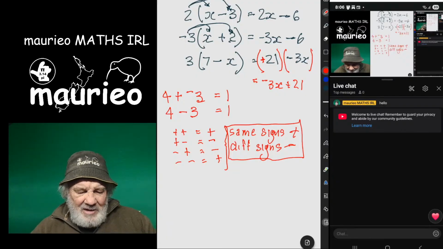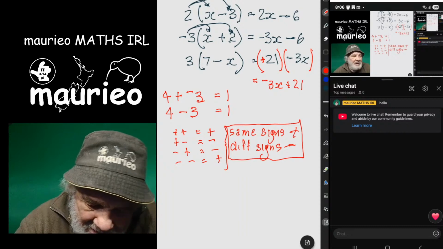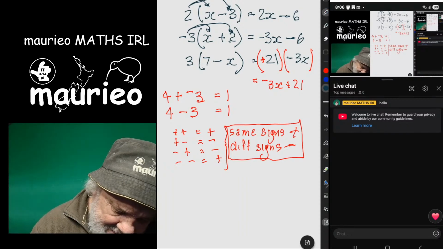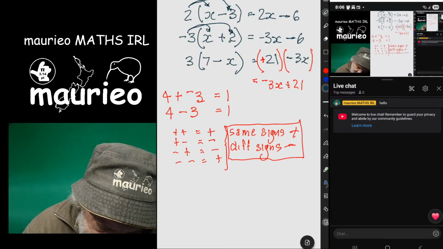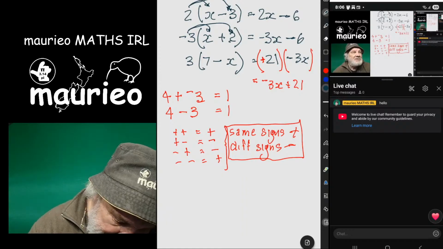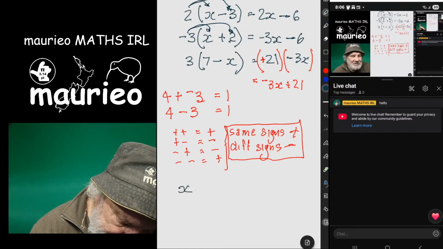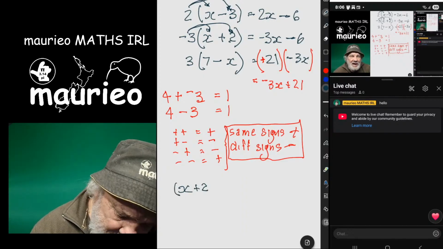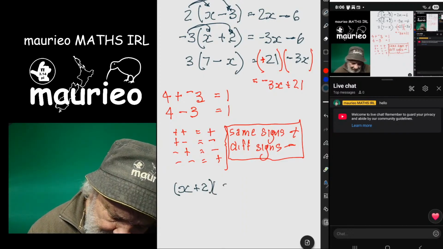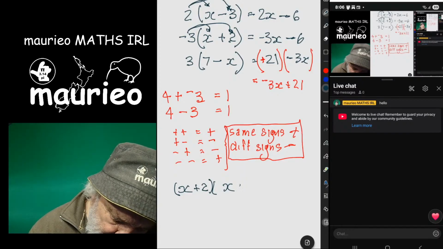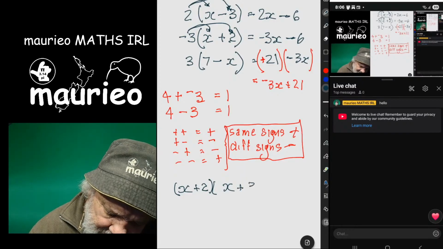Right, so now it gets a little bit more complex. There are many ways of working this out, but let's say we have x multiplied by (x plus 3).